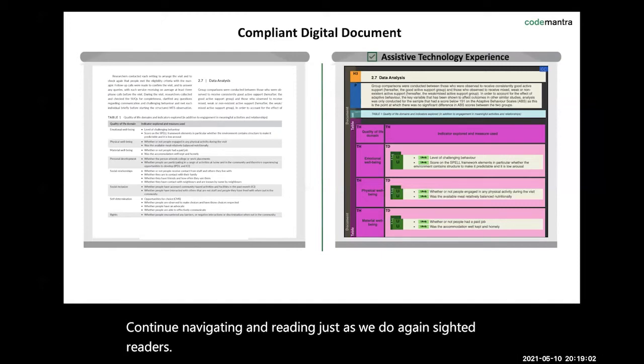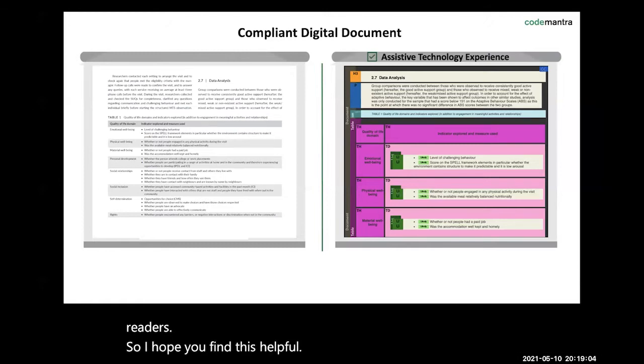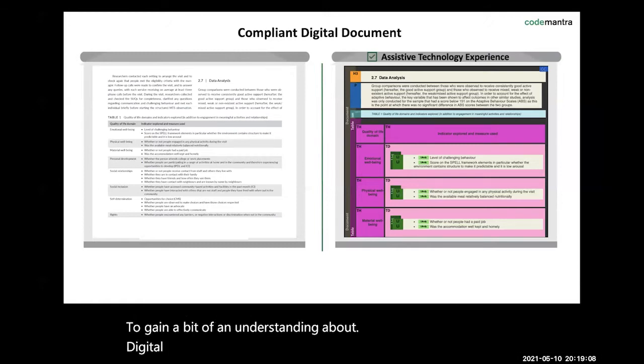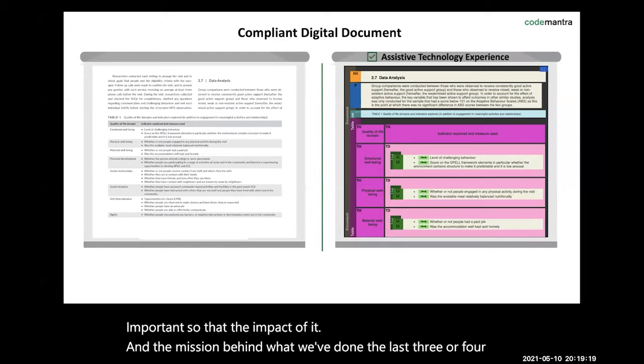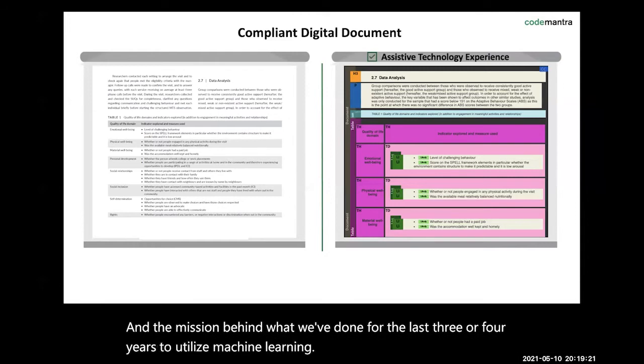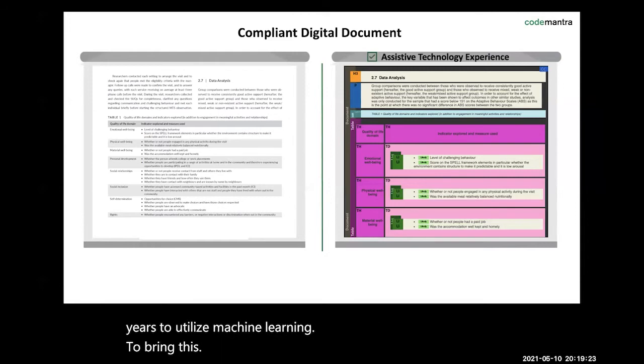So I hope you found this helpful to gain a bit of an understanding about digital document compliance, the importance of it, the impact of it, and the mission behind what we've done for the last 3 or 4 years to utilize machine learning to solve this problem.